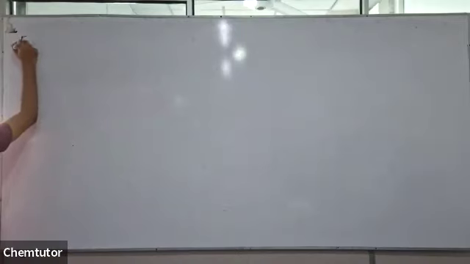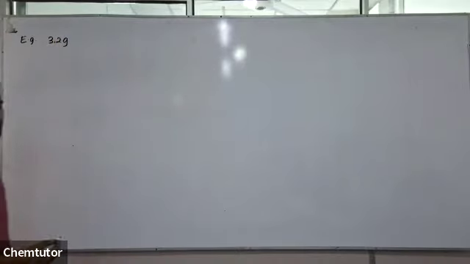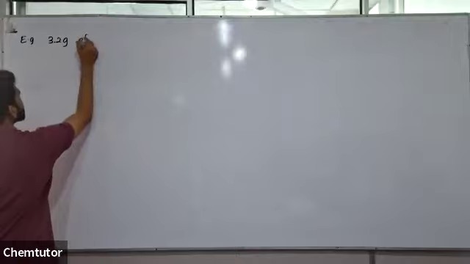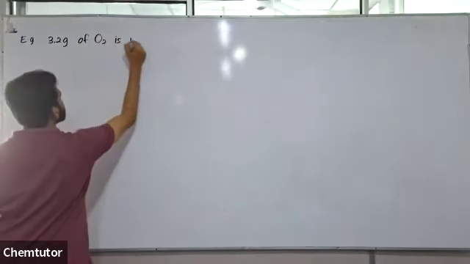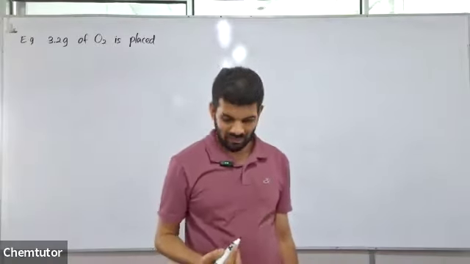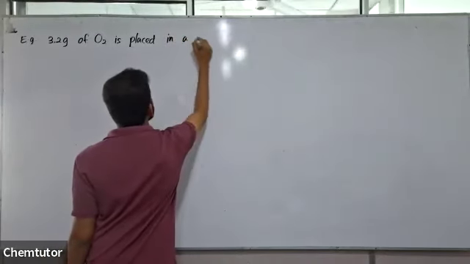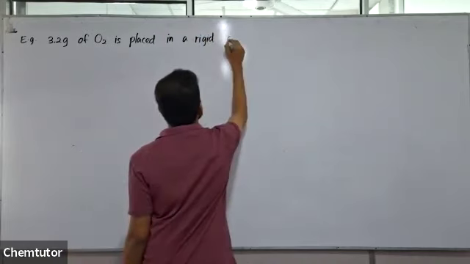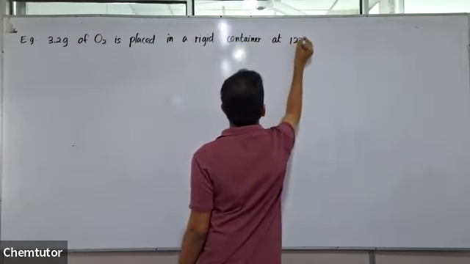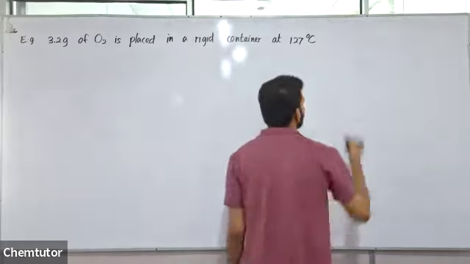Question number 2. 3.2 grams of oxygen is placed in a rigid container at 127 degrees Celsius and 2 into 10 to the power 5 pascals pressure.